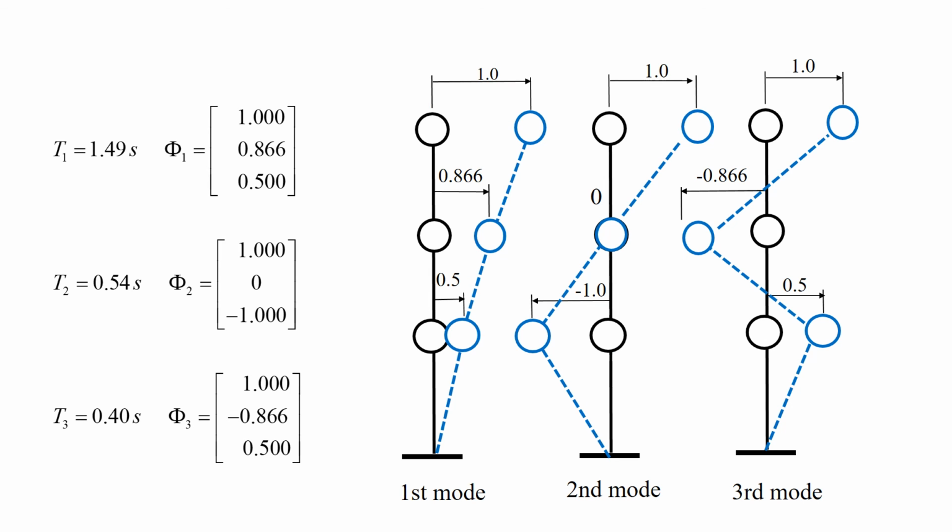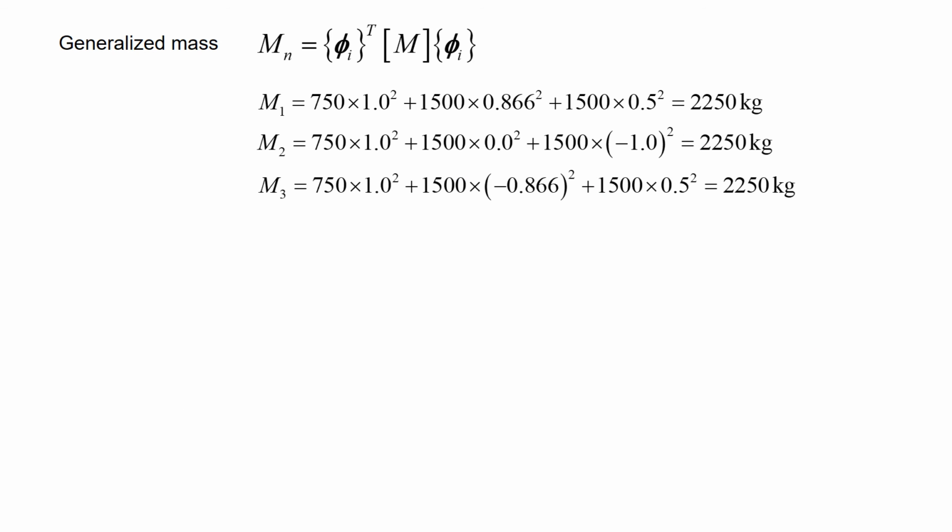The natural periods and mode shapes of the given model are already obtained in the previous example. The generalized mass M1, M2, M3 are obtained by these equations.